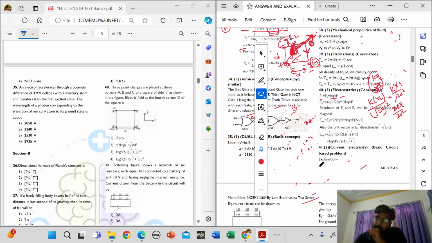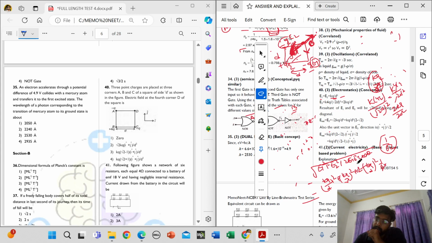So this resultant will be equal to root of E1 square plus E2 square plus 2 E1 E2 cos theta. Here theta is 45, so cos 45 is 1 upon root 2. So E1 square is (KQ upon D square) whole square, plus (KQ upon D square) whole square, plus 2 (KQ upon D square) whole square times 1 upon root 2.